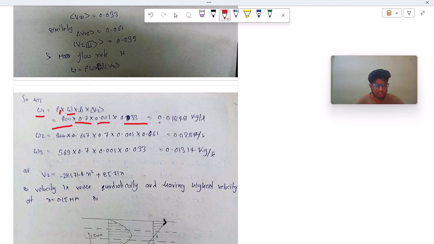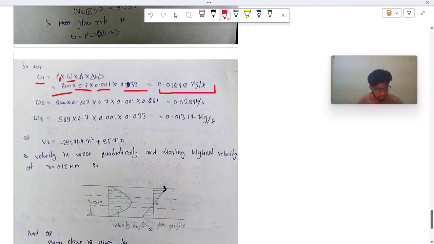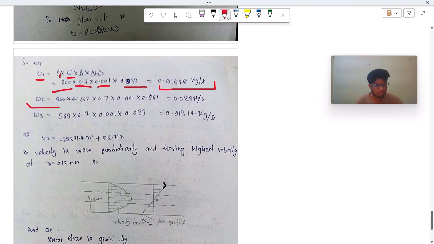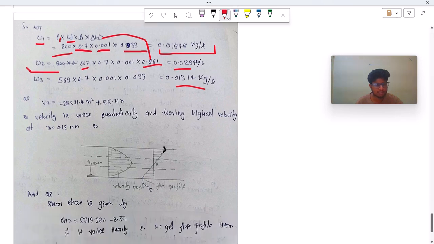We get the mass flow rate for fluid 1 as 0.01848 kg per second. Similarly, we get W2 with density 6667 and average velocity 0.061. We get the mass flow rate for fluid 2 as 0.0284. Similarly, we find W3 as 0.01314 kg per second.